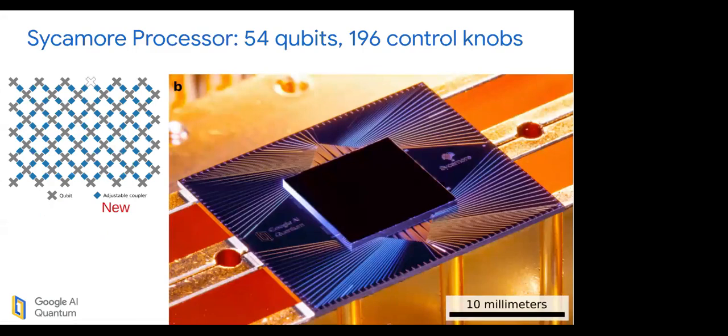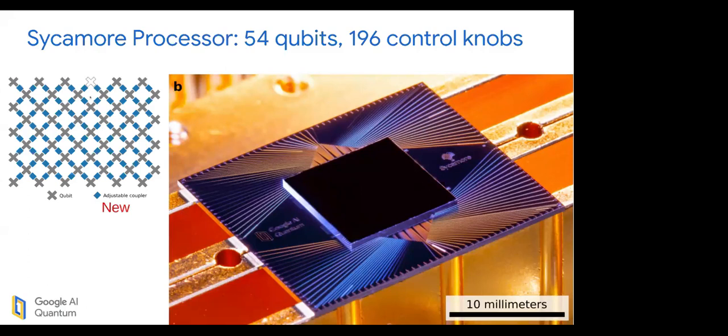Okay, so the hardware this experiment was run on is this processor here. It's called Sycamore. It has 54 qubits. 53 of them were used in the experiment. And it has 196 control knobs. One feature of this chip that turned out to be very important to get the experiment to work, because we needed the fidelity to be large enough when running circuits on 53 qubits, is that the couplers are tunable.